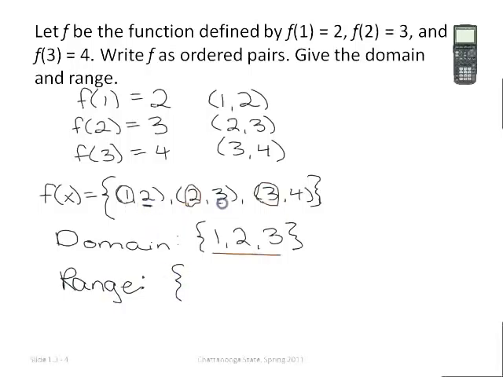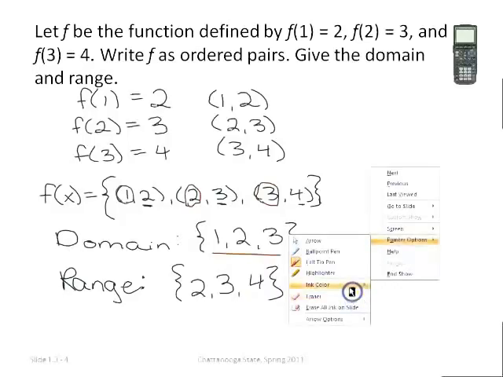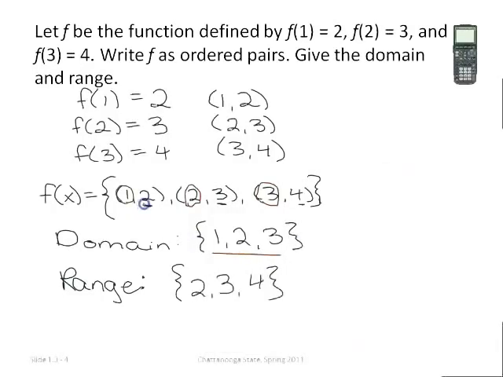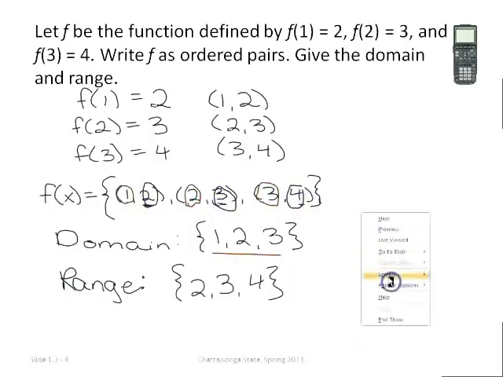So my y's would be 2, 3, 4. 2, 3, and 4 make up the range.